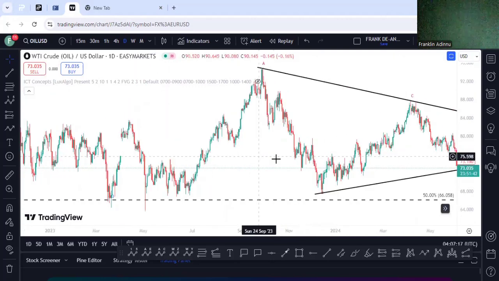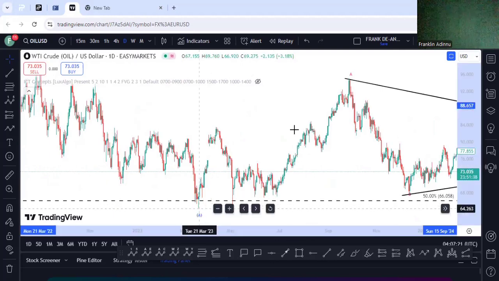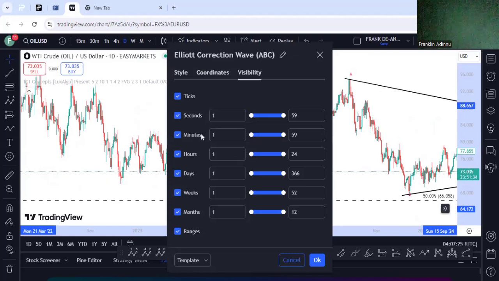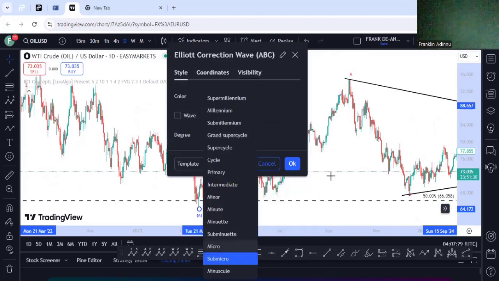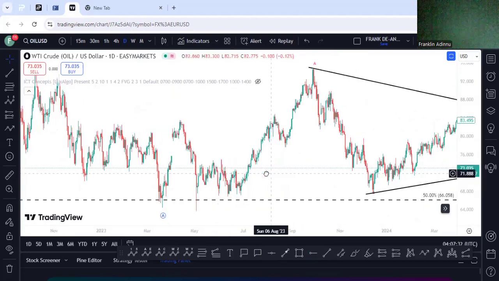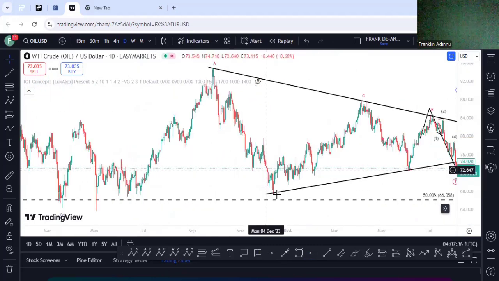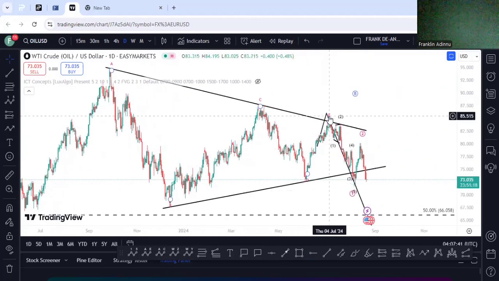A ended here and B started here. It started with this one, A, B, C, D, and E. So that is the end of the triangle.